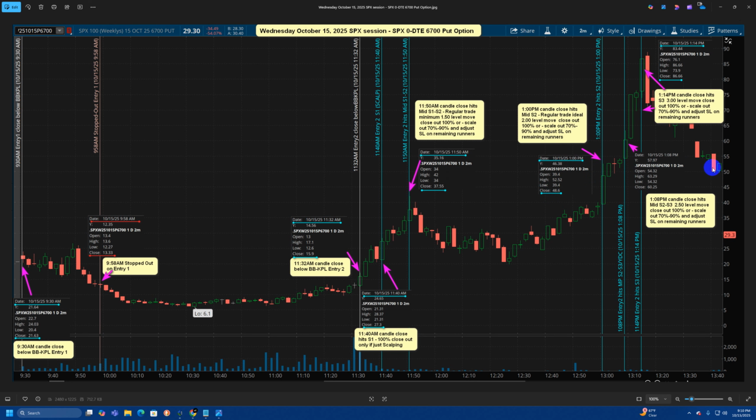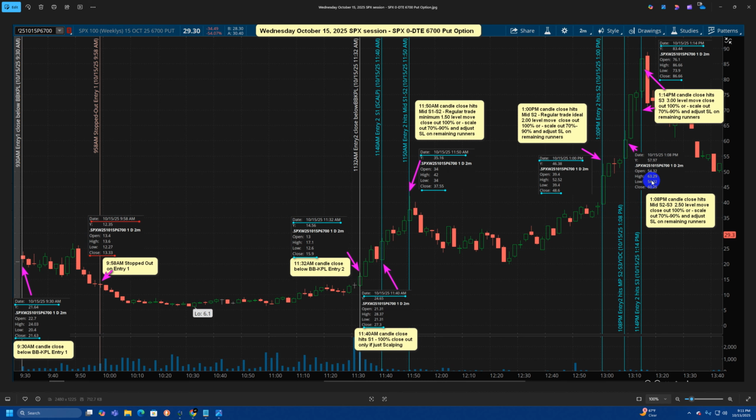As you can see, it did wick up pretty close to the mid 50s, high 52.52, but we're going off the close of the candle, 48.60. Same thing here with this one. As you can see, this high was 42. Again, we're just going off the close. Here's the 1:08 candle. This hits the mid S2, S3, 2.5 level move.